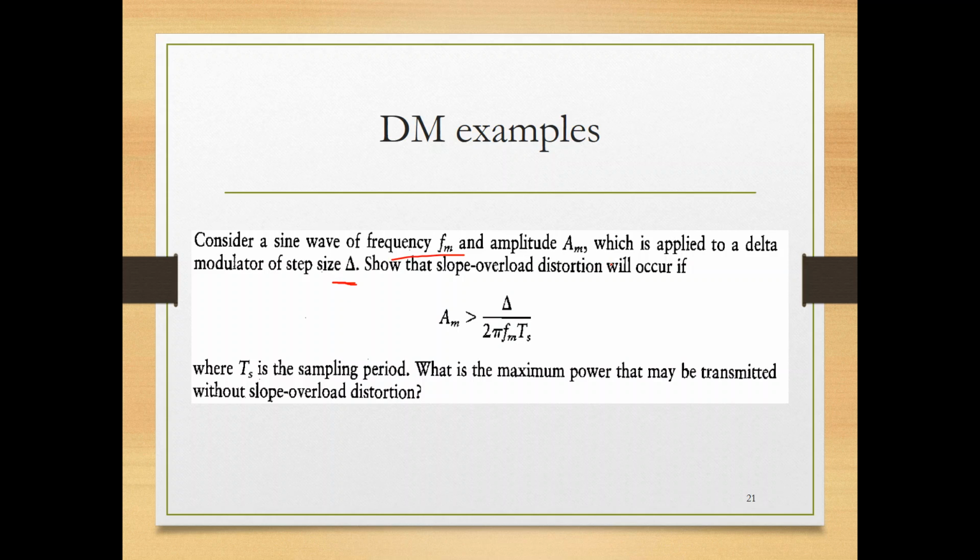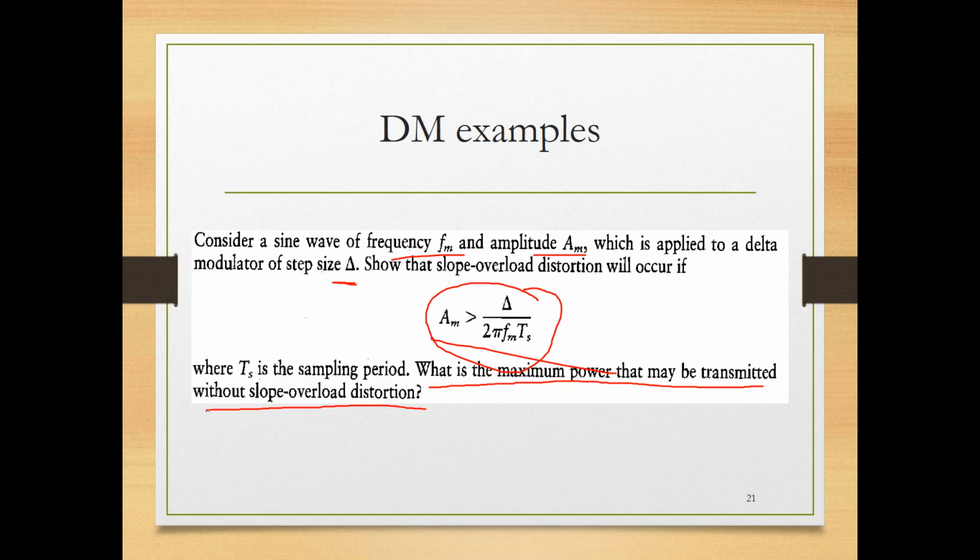These parameters you need to be careful about, you need to highlight them so that you can use them later on in your solution. The question says, prove that the slope overload distortion will occur if AM is greater than a certain value, where TS is the sampling period. Then what's the maximum power that may be transmitted without slope overload distortion?